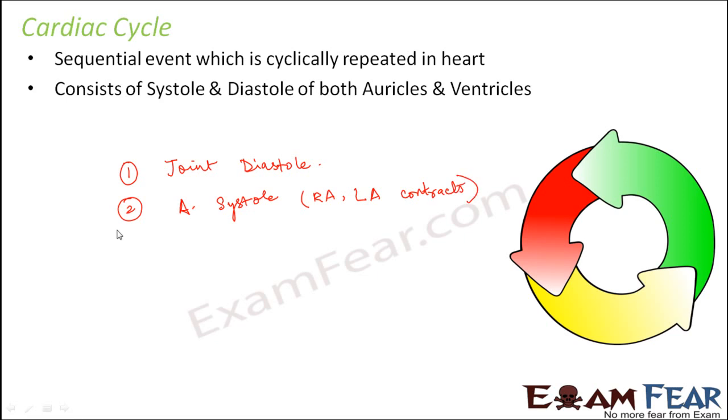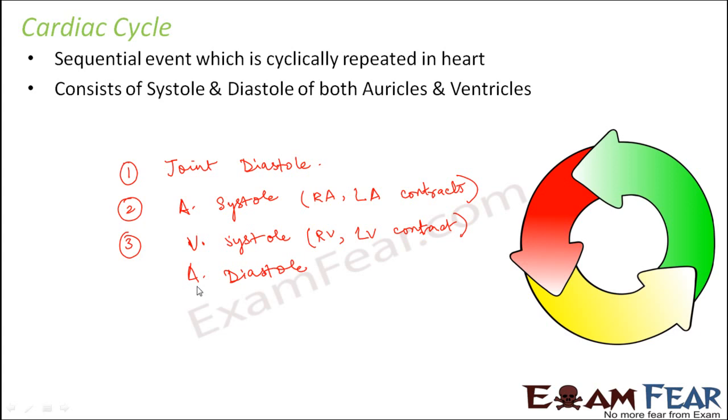Now this auricular systole is later followed by the ventricular systole. This is when both the ventricles, right ventricle and left ventricle, contract, and this happens when the impulse generated by the SA node reaches the AV bundle and the Purkinje fibers. Now when the ventricular systole takes place, the auricular diastole also takes place.